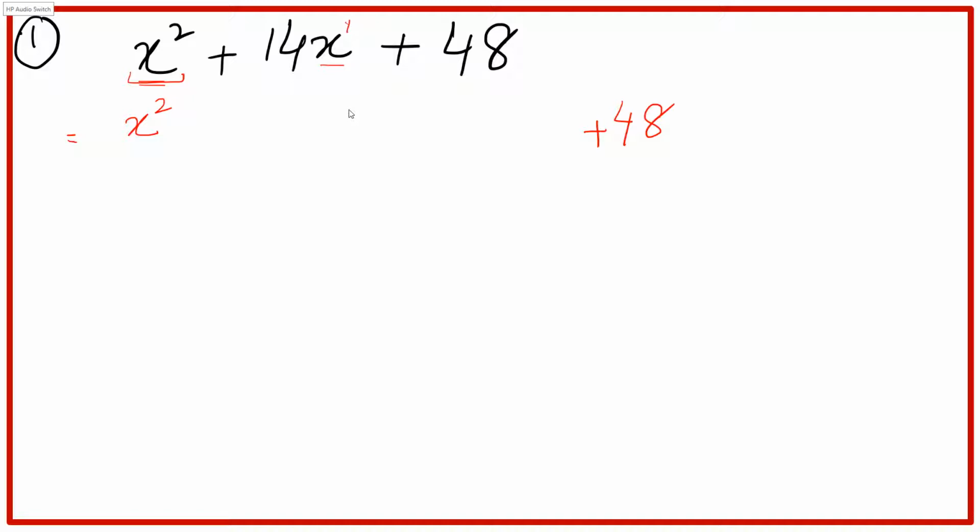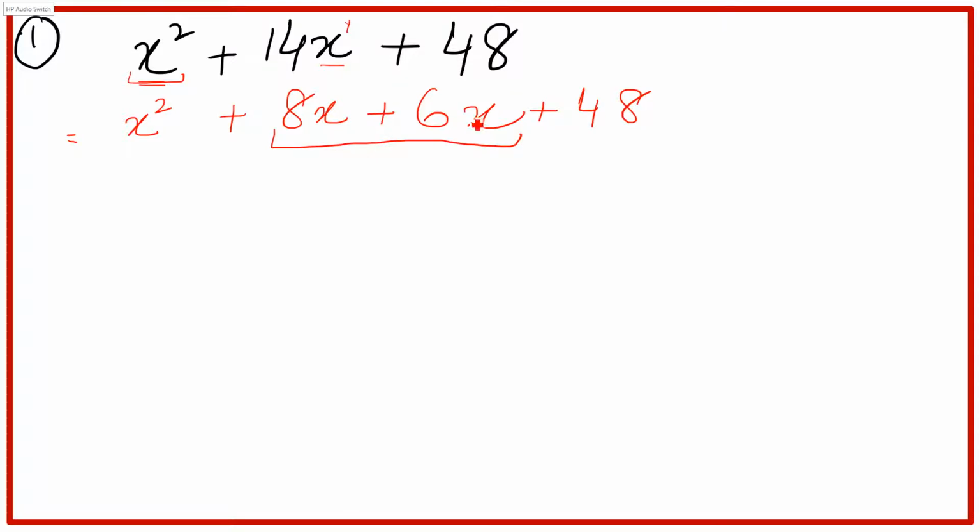But when we multiply those two numbers, we will get 48x square. So see, if I write down 8x, positive 6x, and this 48 I will write down here. So see, if I add 8x and 6x, it is 14x, which is the same.